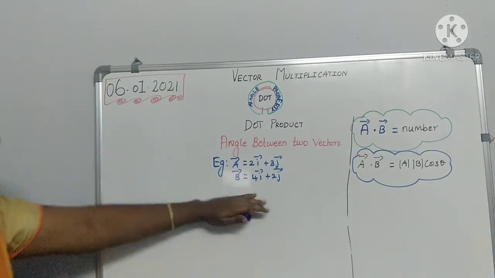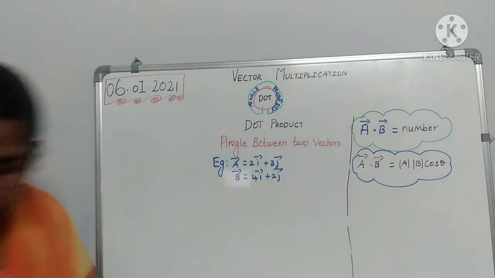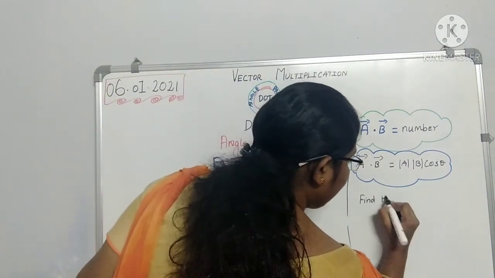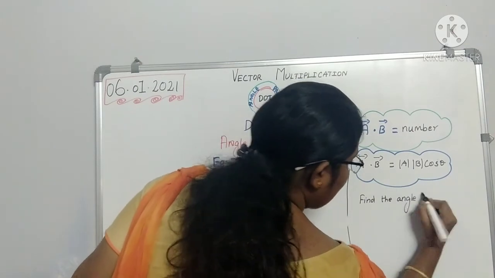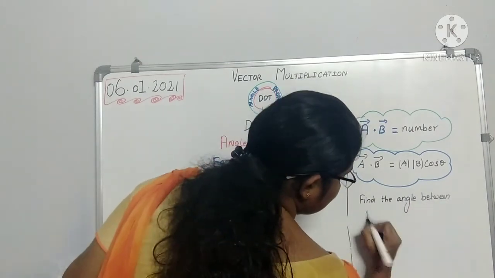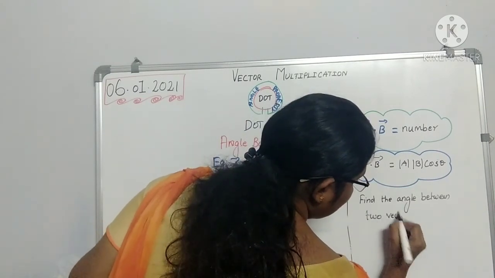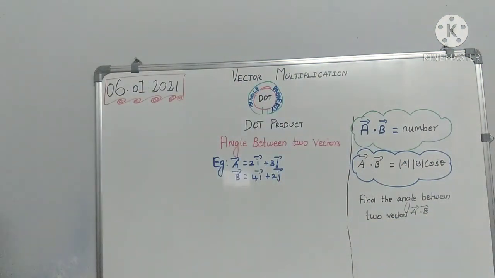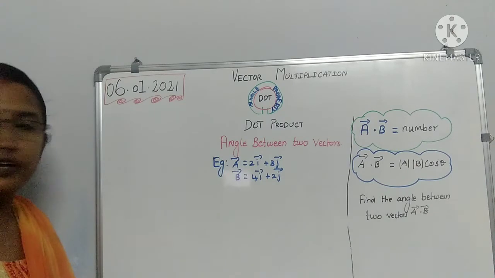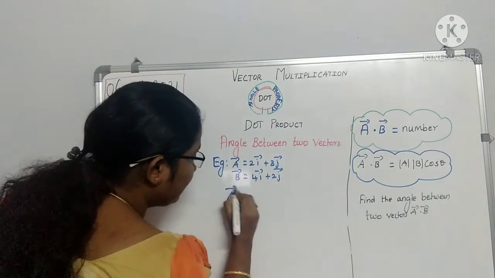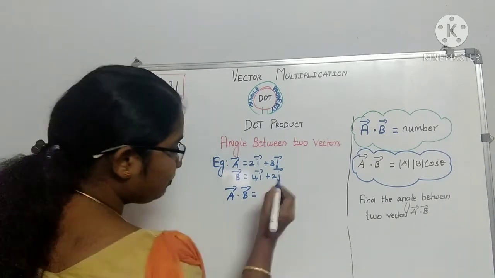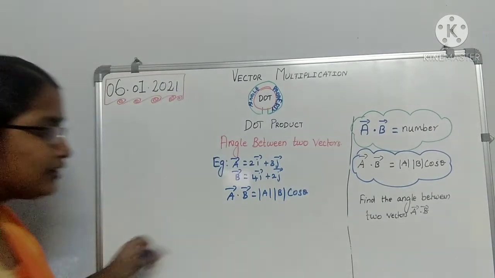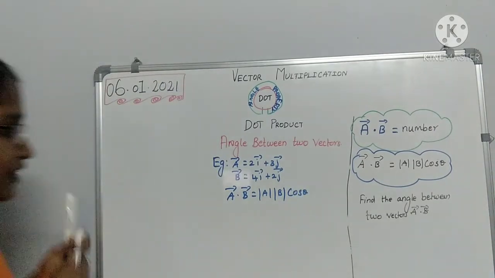The question asked is to find the angle between the two vectors A and B. So A vector dot B vector is equal to mod of A mod of B into cos theta. This is the formula for us.